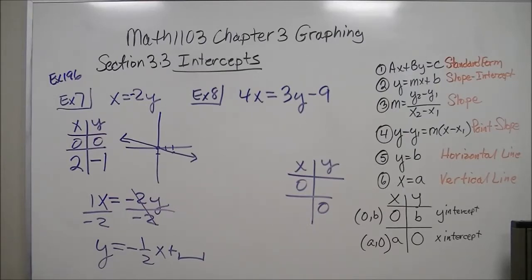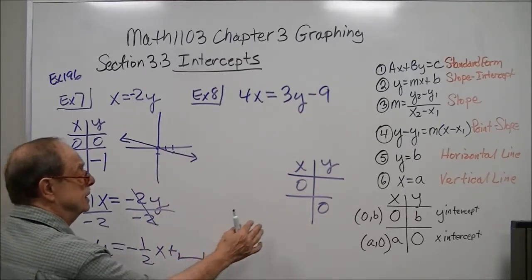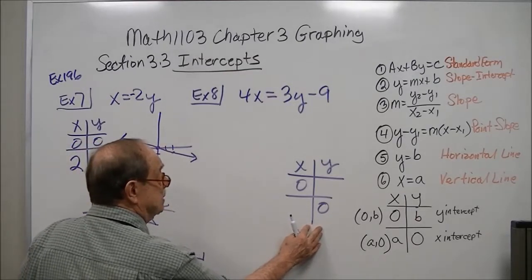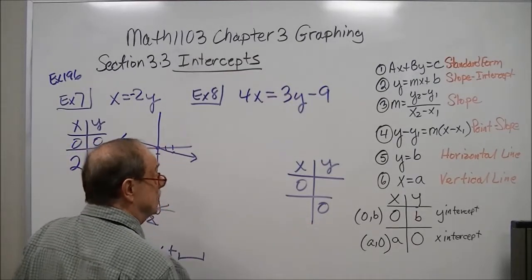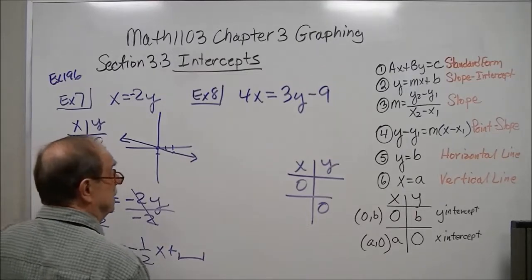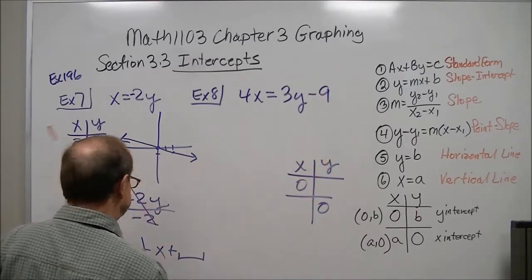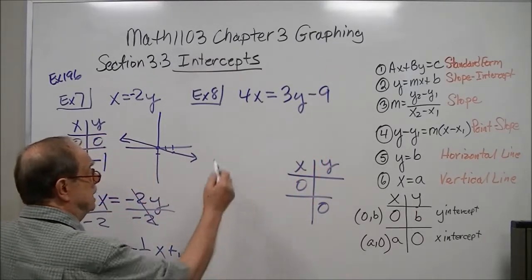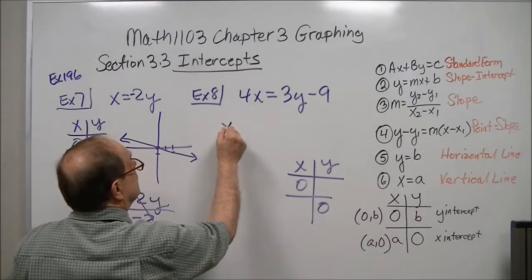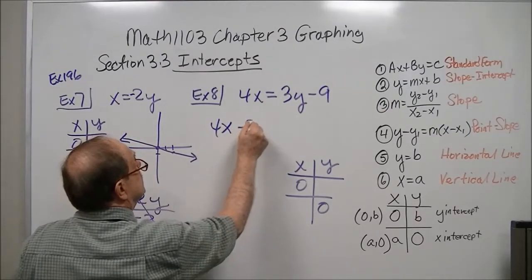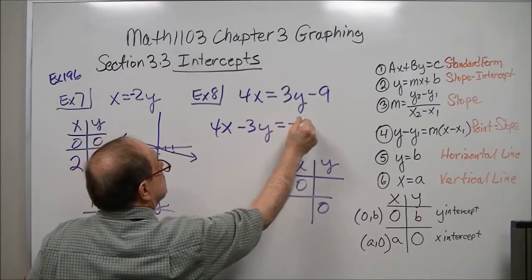Now for example 8, as you look at it, is it in standard form? And the answer is no. And we said if you want to use the x and y intercept T-chart, if it's in standard form, it's much easier. So let's put this in standard form by bringing the y over. 4x minus 3y equals a negative 9.